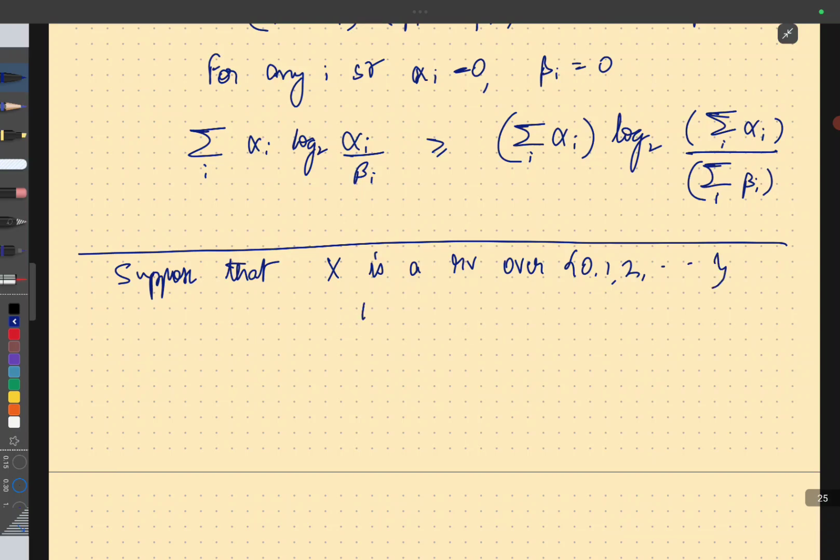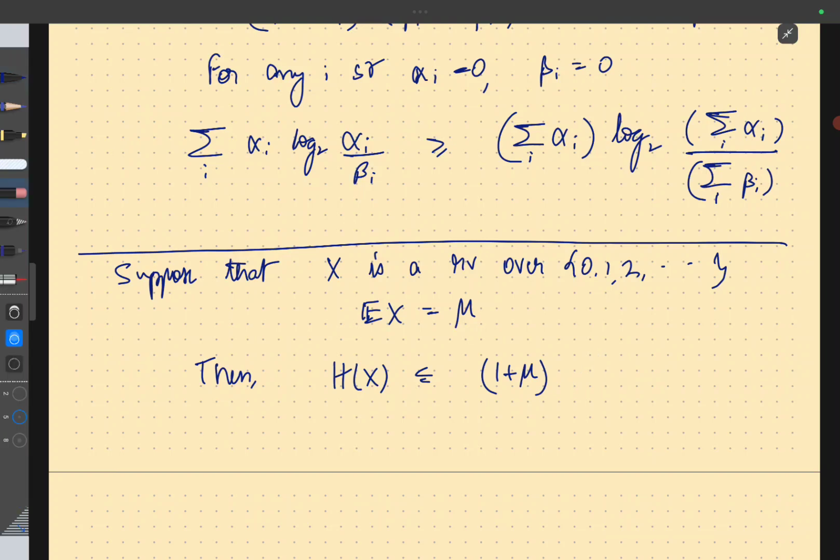And just as before, the expected value of x is equal to the mean mu. Then the entropy of x is upper bounded by 1 plus mu times the binary entropy of 1 over 1 plus mu.